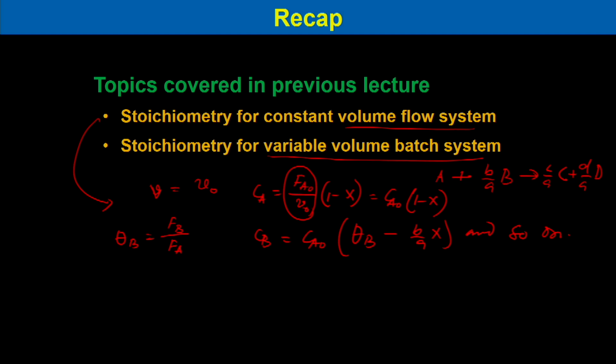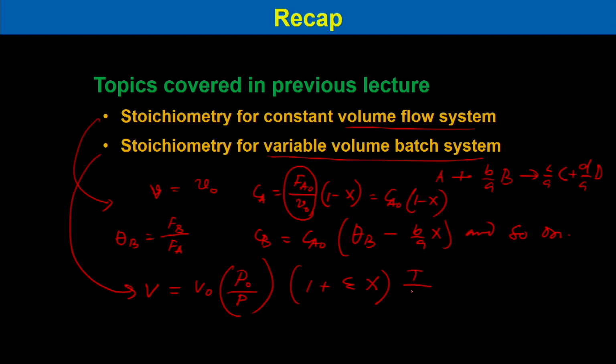For stoichiometry for variable volume batch system, we have obtained the relations between volume and the conversion. So, the volume for the case of batch reactor is related with the conversion as V equals V naught into P naught by P into 1 plus epsilon x into T by T naught.